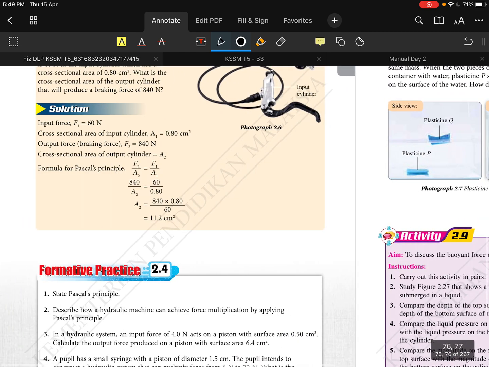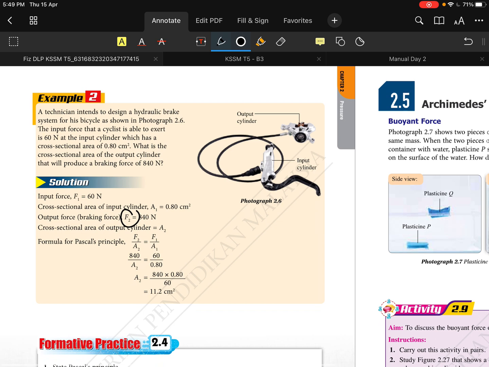But in some cases, like for example here, you're only trying to find the force in this question. So you don't have to convert the cm into meter cube. You just leave it that way because you only want to find the Newton.